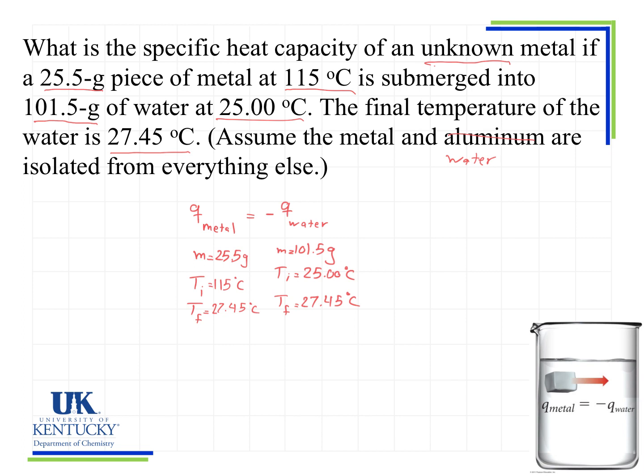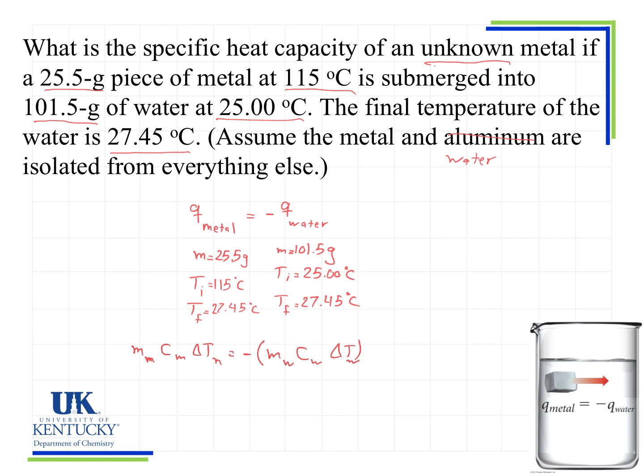So I don't write the Q. So instead of Q, I write M of metal, I just subscript it, as M of metal times C of the metal, the delta T of the metal, equal the negative sign of M of water, I subscripted with W, times C of the water and delta T of the water, right? I can write that.